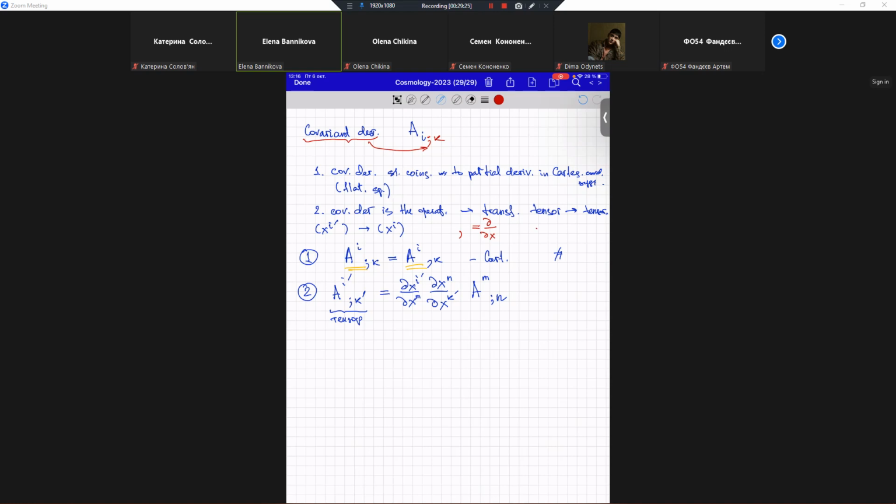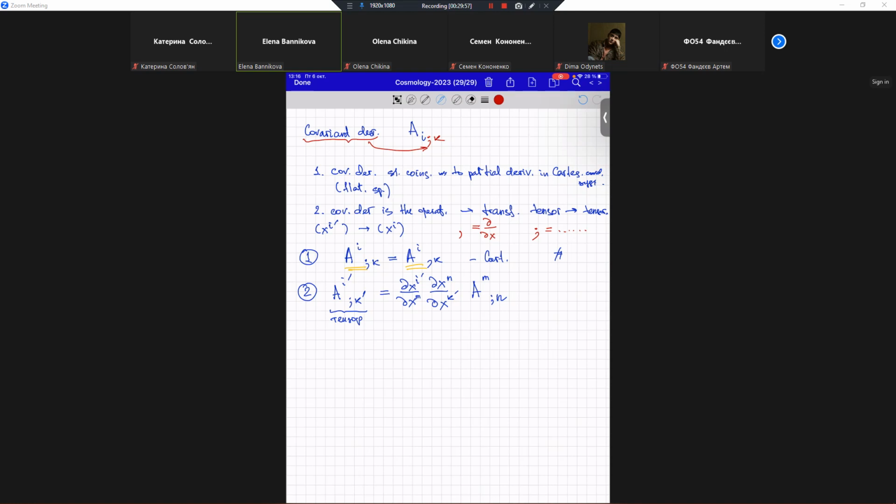When we put dot-comma, it means a different operation to find the derivative, which we now will find. The dot-comma means that this is the covariant derivative, which is different from the derivative which we are using in flat space. And now we will try to find it.